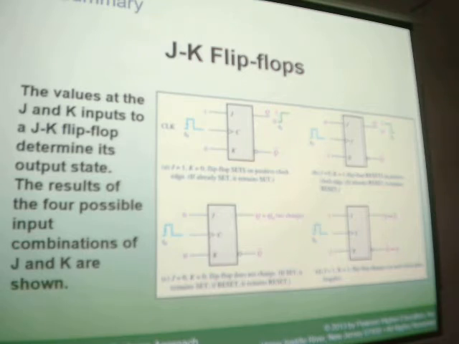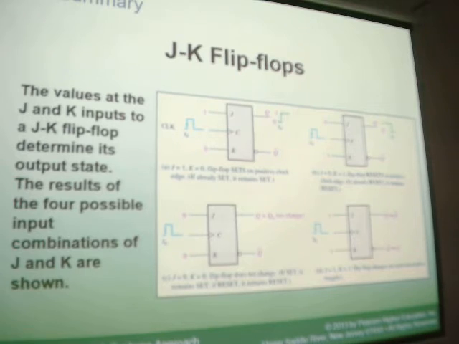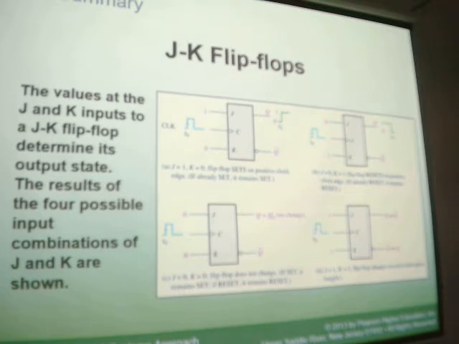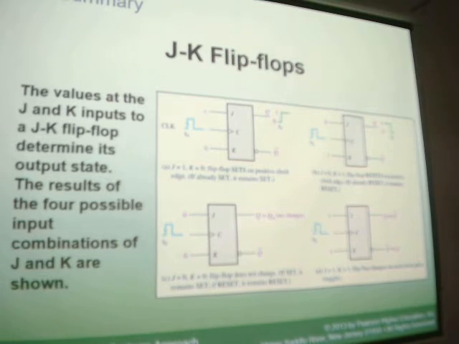And when J equals 1, K equals 0, then Q equals 1, right? Q equals to Q bar plus Q. For this combination, J equals to 1, K equals to 0, so K bar equals to 1.